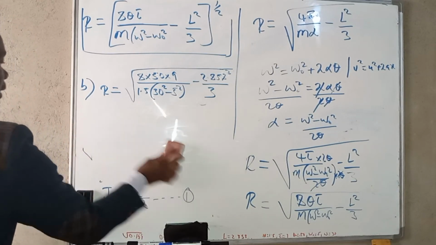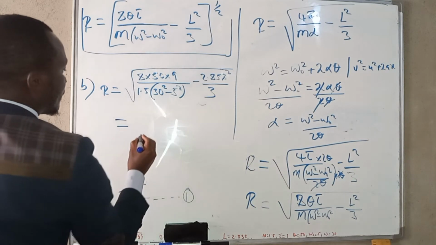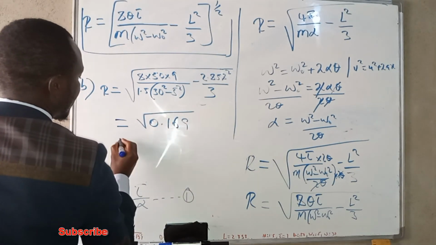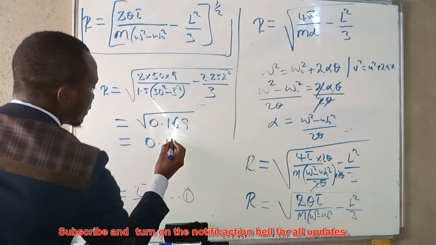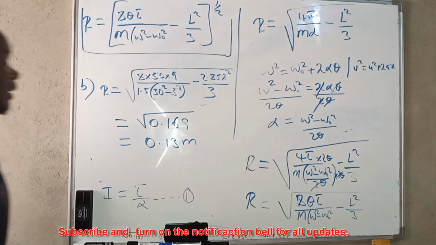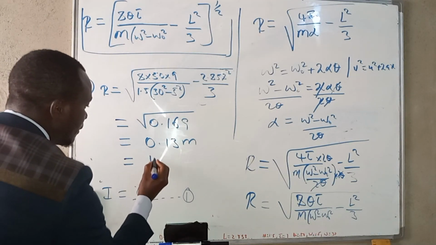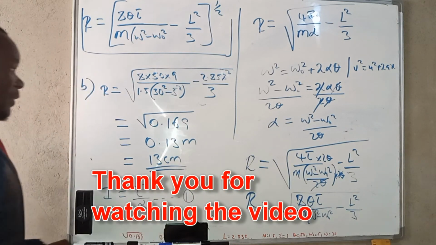If we evaluate this, we are going to have the square root of 0.169. Punching this on a calculator, we are going to have 0.13 meters. If we convert to centimeters, we get 13 centimeters. And this is the value for R.